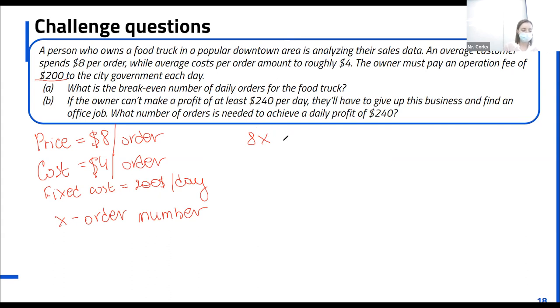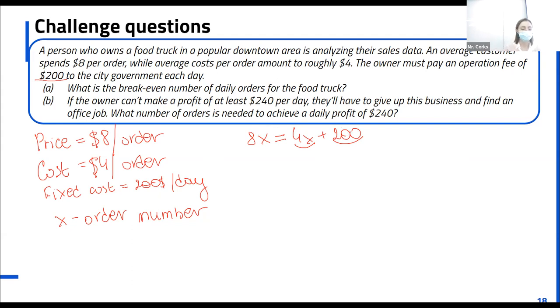And it should be equal to the losses he experienced, to his costs. So 4x plus 200. The variable cost and the fixed cost. Variable because it varies depending on the number of orders, and fixed cost because no matter how many orders he gets, it will be 200.